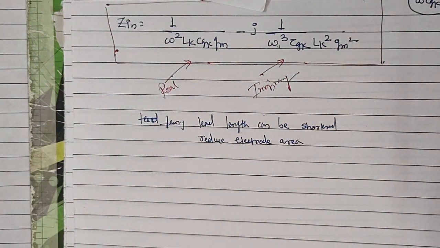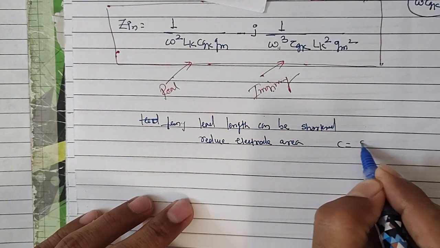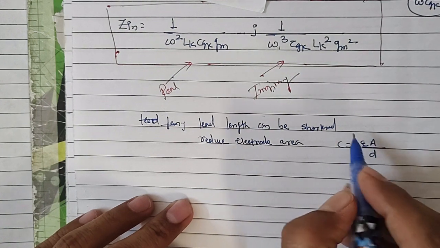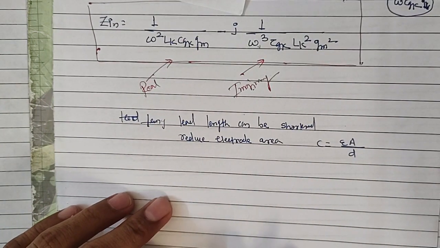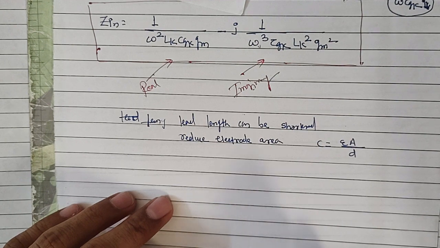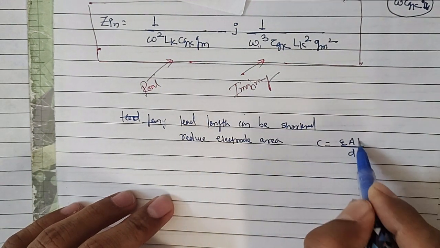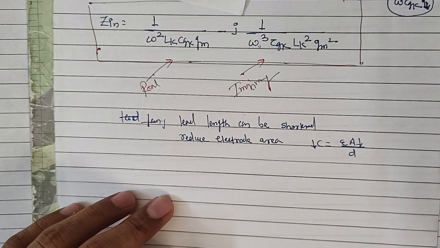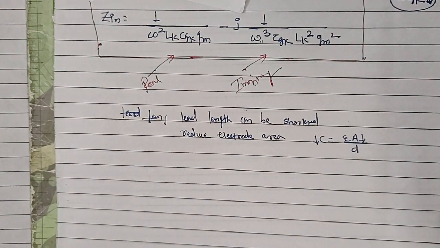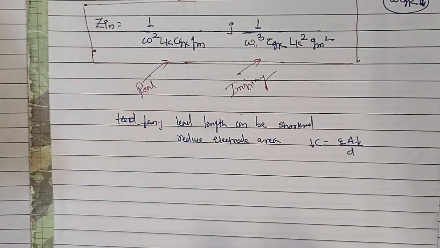That will result in smaller capacitance because C is equal to epsilon A upon D, and reduction in length will reduce the lead inductance effect, and reduction in electrode area will reduce the interelectrode capacitance effect. But both these solutions will result in lesser power handling capacity for that particular tube. So these solutions will not be so useful to avoid the lead inductance and interelectrode capacitance effect.